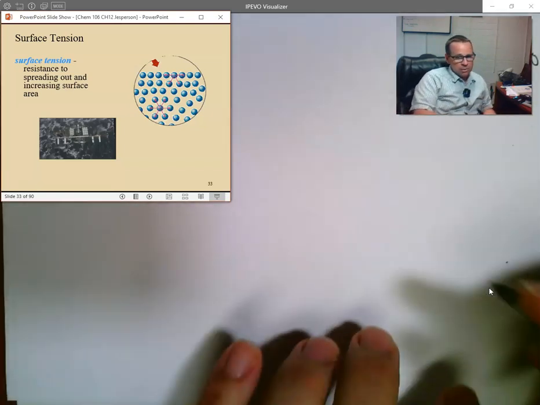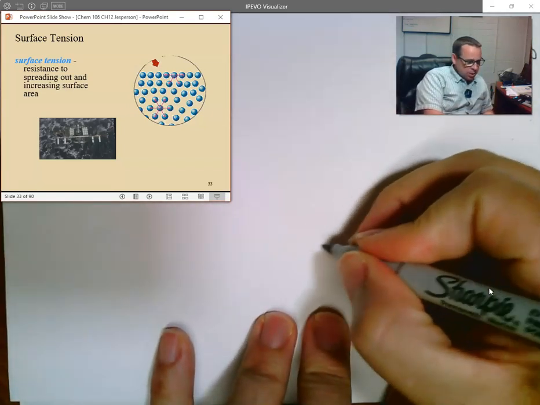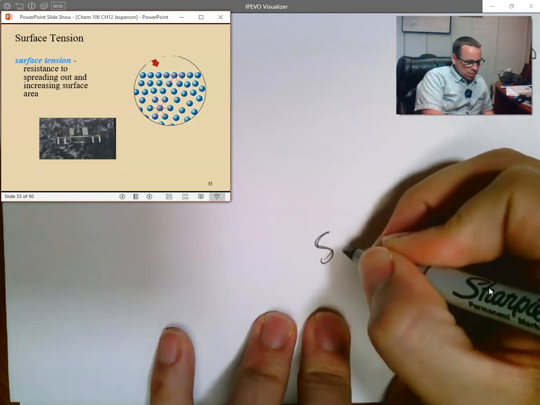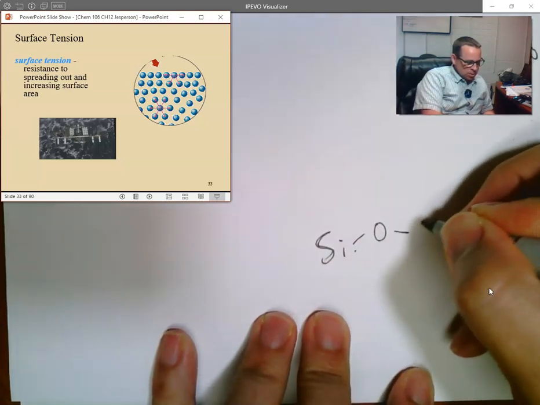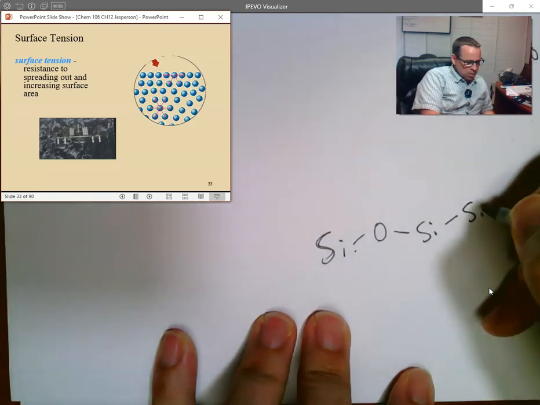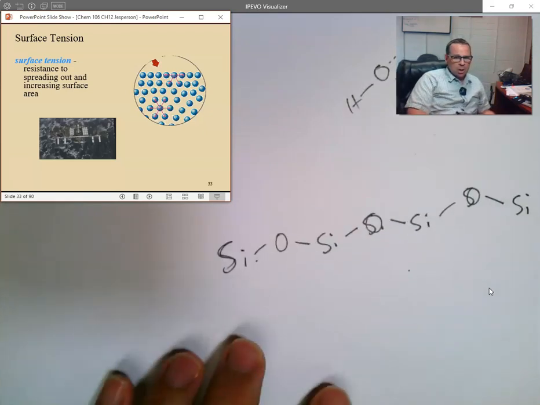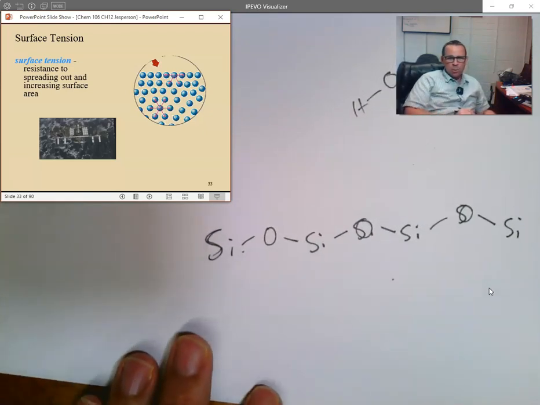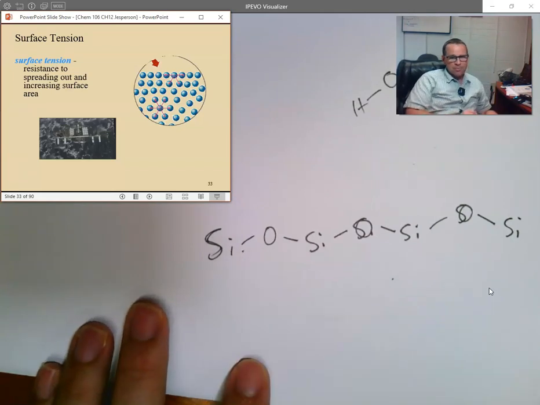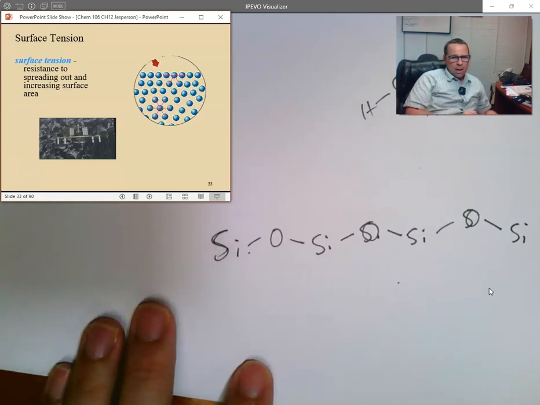If I have a surface of glass, that is going to be essentially some silicon and oxygen, and it's not just SiO2, it's long chains or polymers of silicon and oxygen, all right? And what do you think?